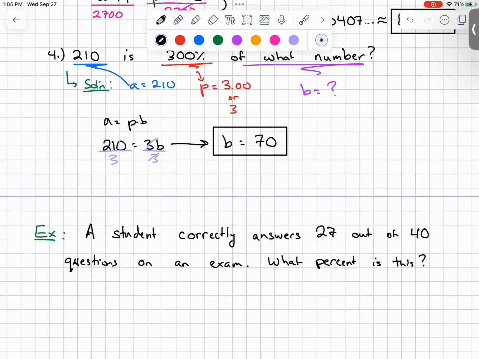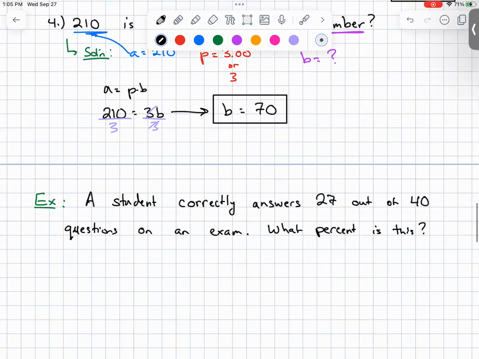Now, in practice, and you can do this quickly too, one might say it's going to be 27 over 40. And whatever number you get, that's going to be your percentage. And that's correct. The reason it's correct is because you're just doing the percent formula immediately. I just want to show you how you can actually convert this to a percent formula. So P is the unknown, right?